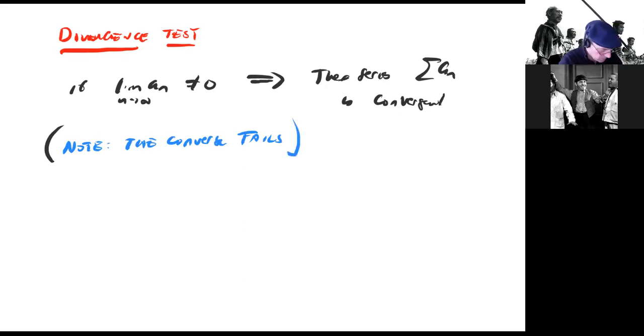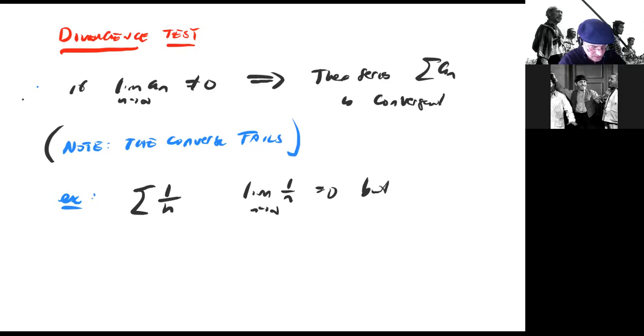For example, let's consider the series summation 1 over n. The limit of a sub n is the limit of 1 over n as n goes to infinity, which is 0.